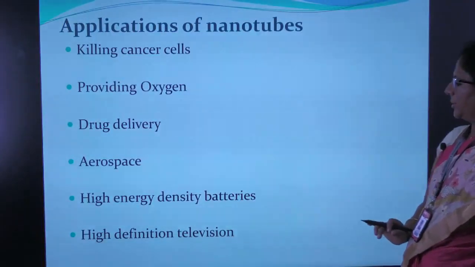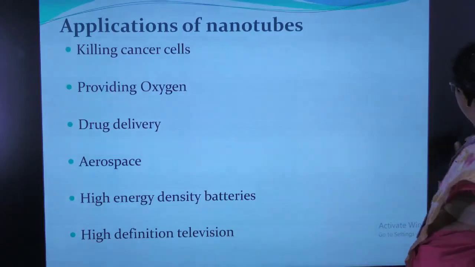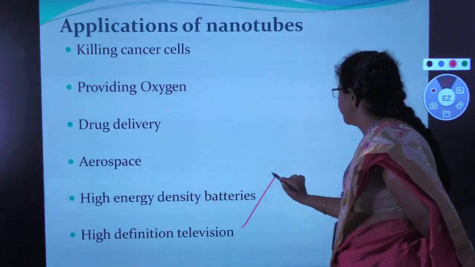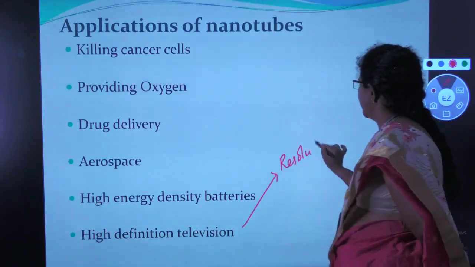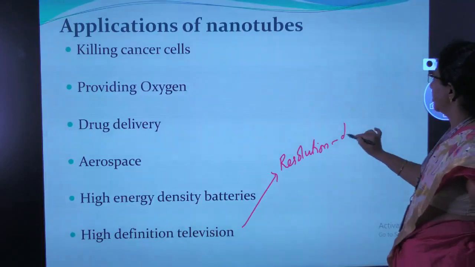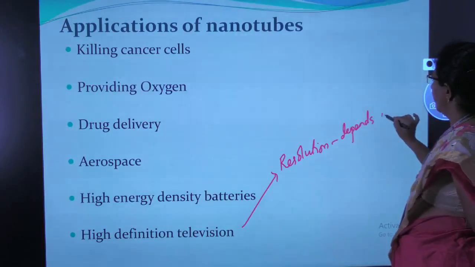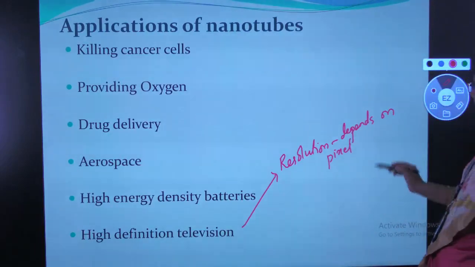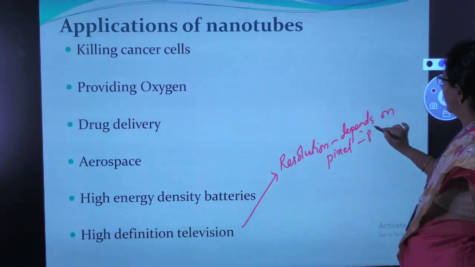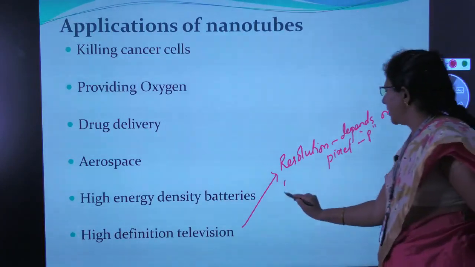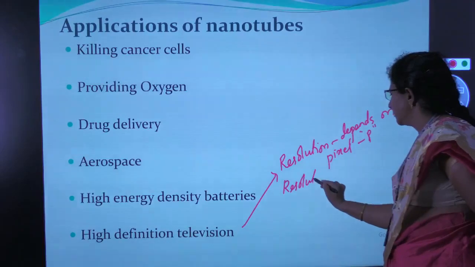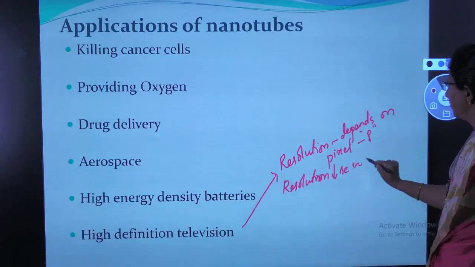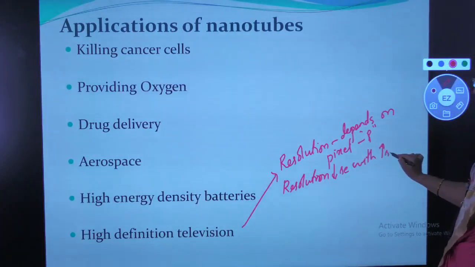And they also find application in high definition television. In general, the resolution of the television depends on the size of the pixel. The pixel is usually made with phosphorus, and resolution decreases with increase in size of pixel.